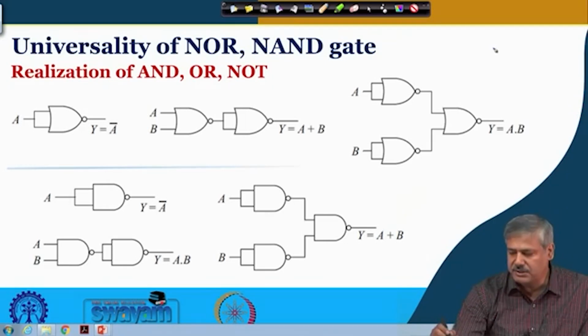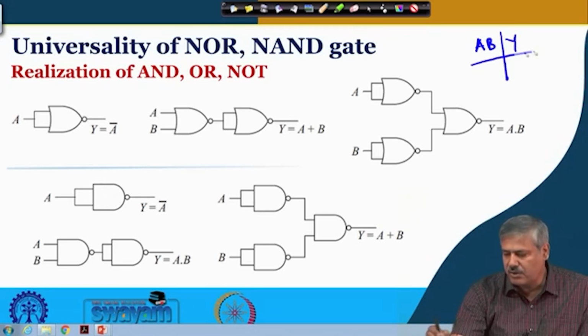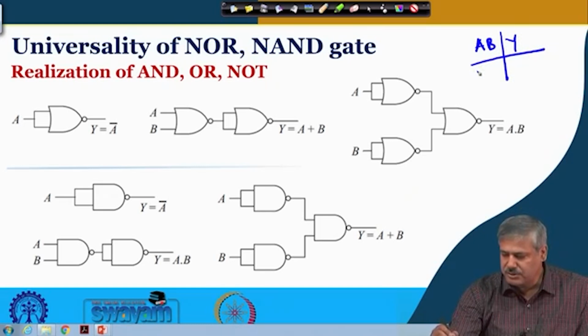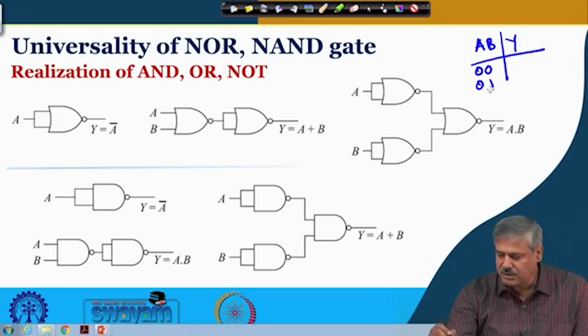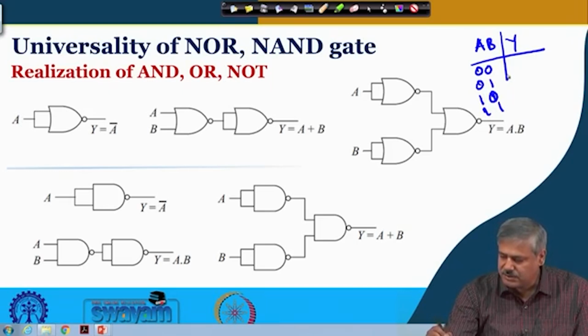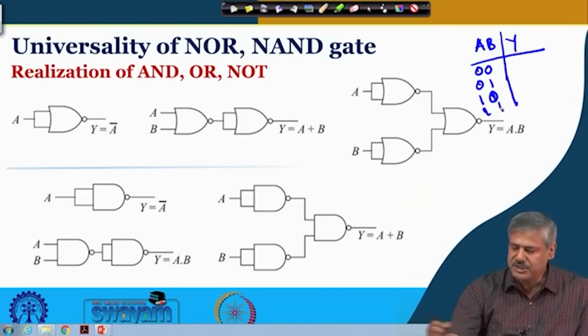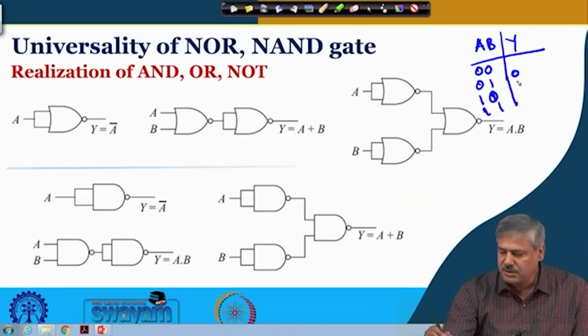If you remember the NOR logic, with A, B and Y: 0, 0 gives 1; 0, 1 gives 0; 1, 0 gives 0; and 1, 1 gives 0. So, any input 1 gives output 0, and when both inputs are 0, output is 1.